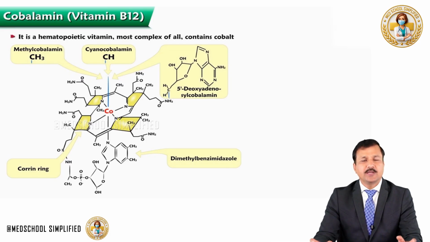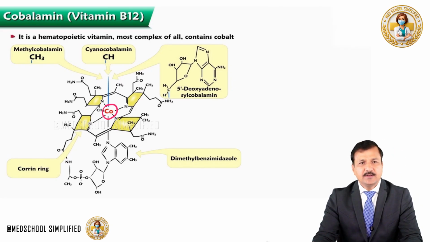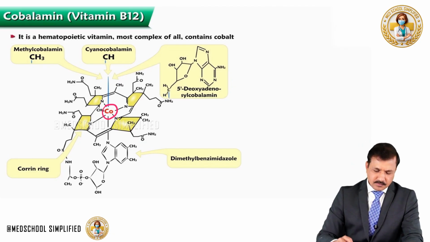So, both cobalamin and folic acid are hematopoietic vitamins, and this is one of the complex vitamins of all water-soluble vitamins, and also it is unique among all vitamins because it contains a cobalt atom in the center of the molecule, as you see here. And one of the roles of cobalt is that it is part of vitamin B12.